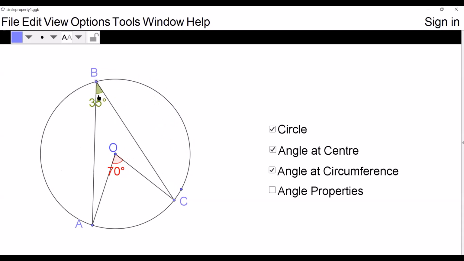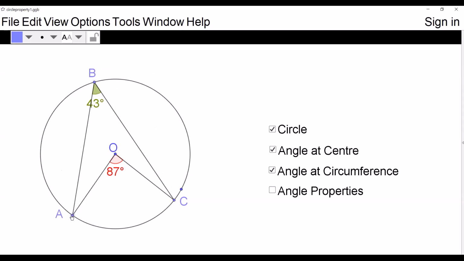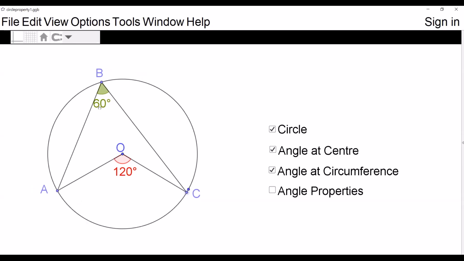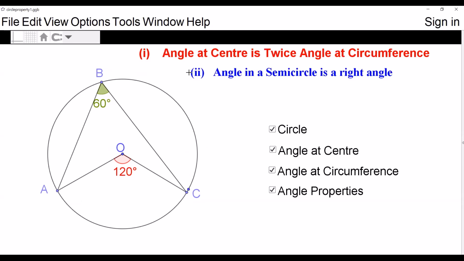So what do we observe from these different possibilities? We observe that angle at the center is always twice the angle at the circumference. This is the first property of circles: angle at center is twice angle at circumference.